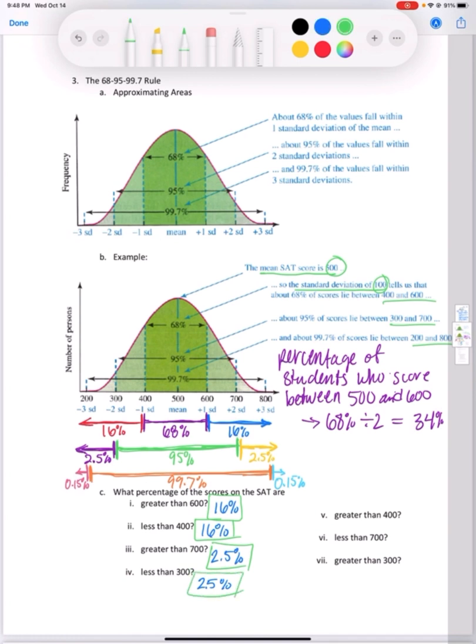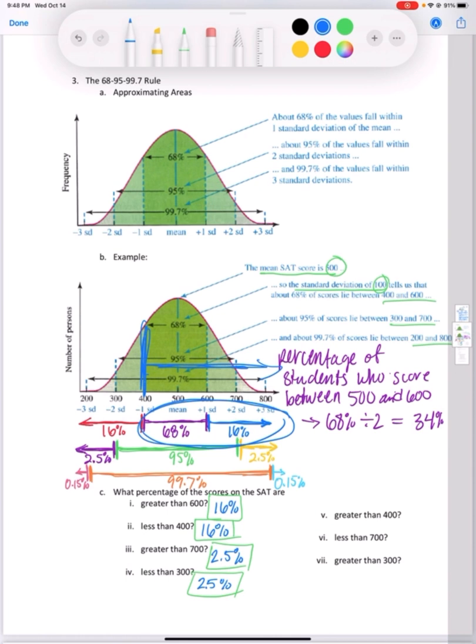Which part is greater than 400? Well, we've divided it up into some good ways here. Greater than 400 is this part right here, going on to the end that way. That correlates with these 2 parts, the purple section and the blue section. 68 and 16%.